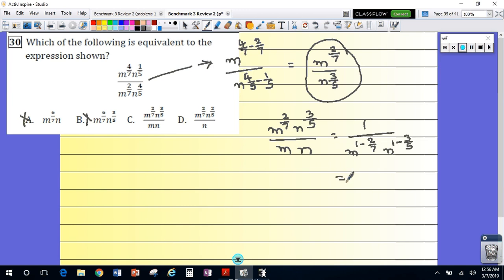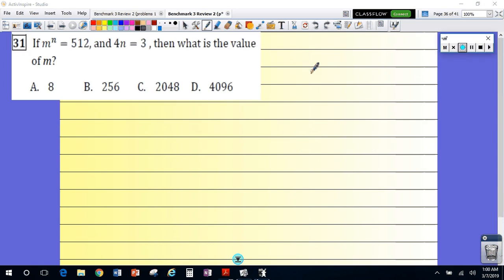Okay, this is 7 minus 2, that is 1 over m to the exponent 5 over 7, n to the exponent 2 over 5, which is not equal to this. So C is also wrong. So definitely D is the right answer.